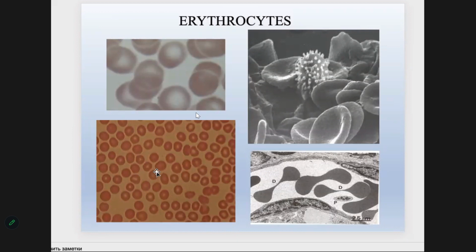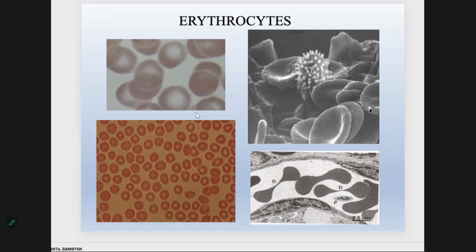That is why, if we use the light microscope, we can see a light central part, looking like a white spot, and a dark red peripheral part, because the peripheral part is thicker than the center, in disc-shaped cells.